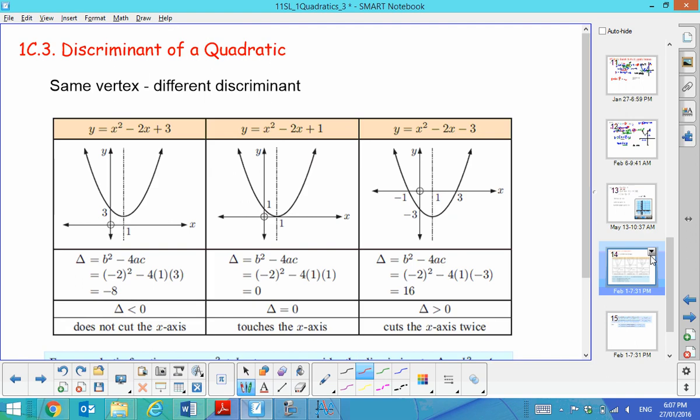The last section here, 6.3, is again a bit of a repeat, the discriminant of the quadratic. Same verdicts, but we've got different discriminants, and we looked at a similar example to this earlier. So our vertex here, they're doing at 1, 3.